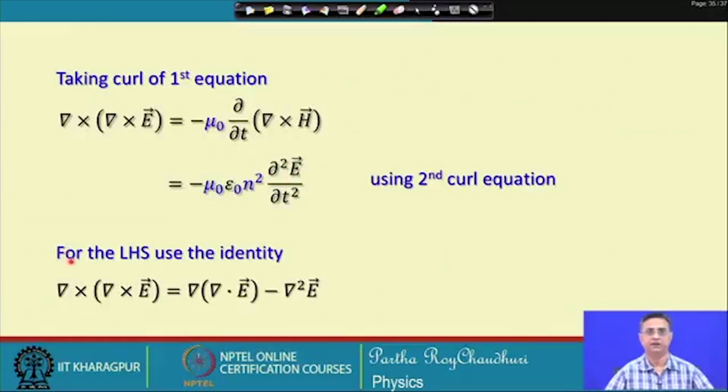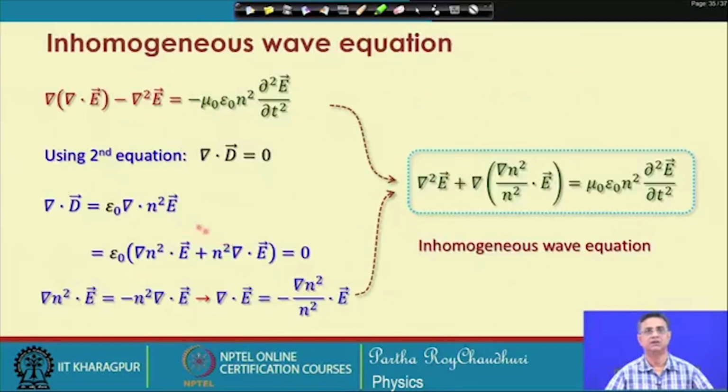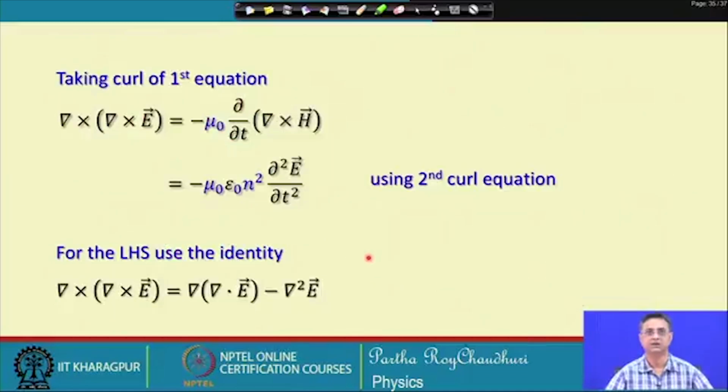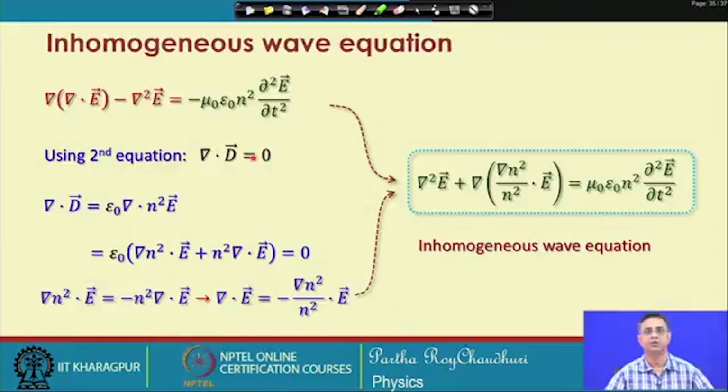So, for the LHS of this equation, we use this well known identity: curl curl E is equal to del of del dot E minus del square E. Now, this time this del dot E is not 0, but del dot D is equal to 0, because we have seen del dot D equal to 0 comes directly from Maxwell's equations.